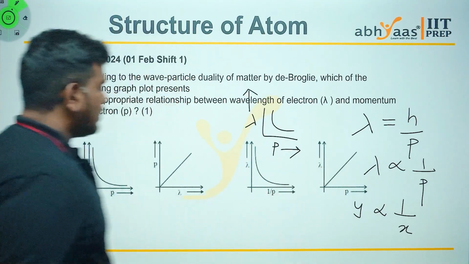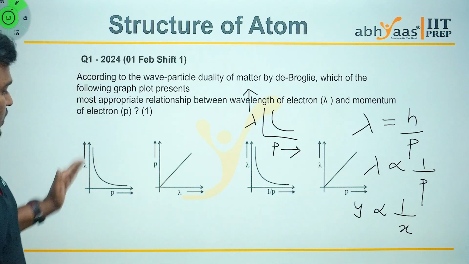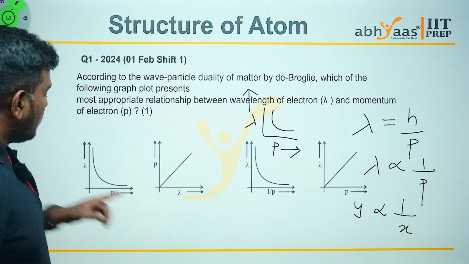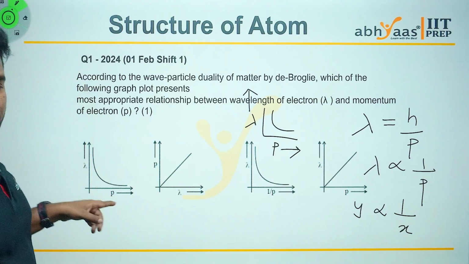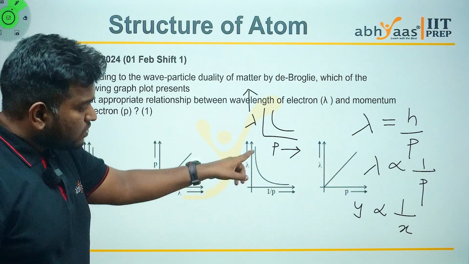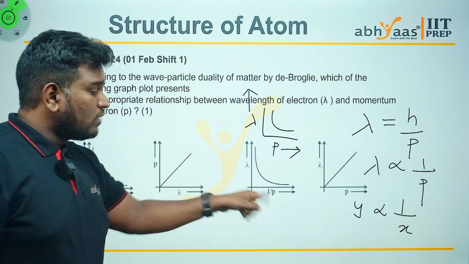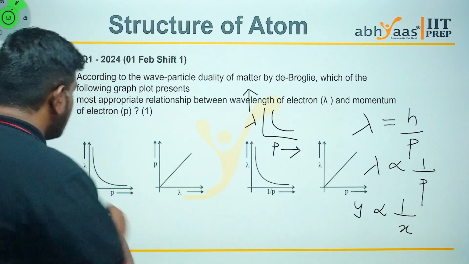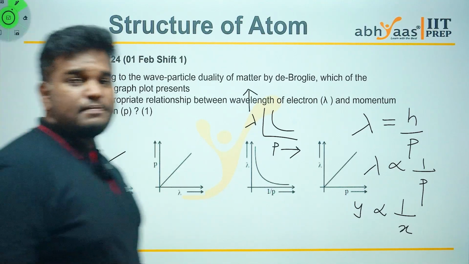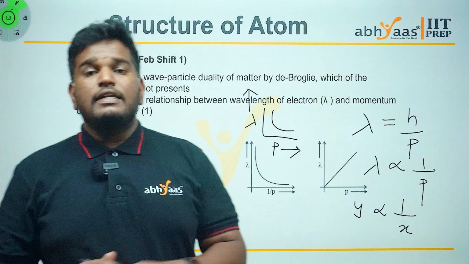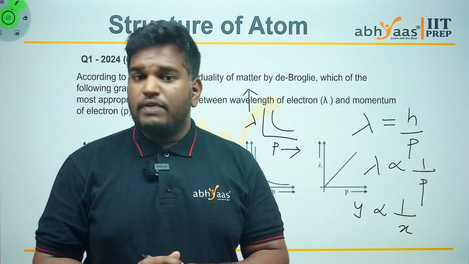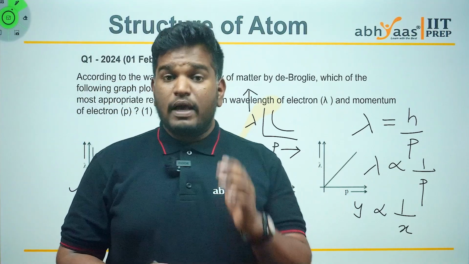Which is the right graph among these four? You can see the rectangular hyperbola with lambda and p in the first graph. In the third graph also it is a rectangular hyperbola, but it is lambda against 1 by p. So our answer will be the first one. Here we have used the principle of the de Broglie hypothesis for finding the answer. Hope you have understood that.